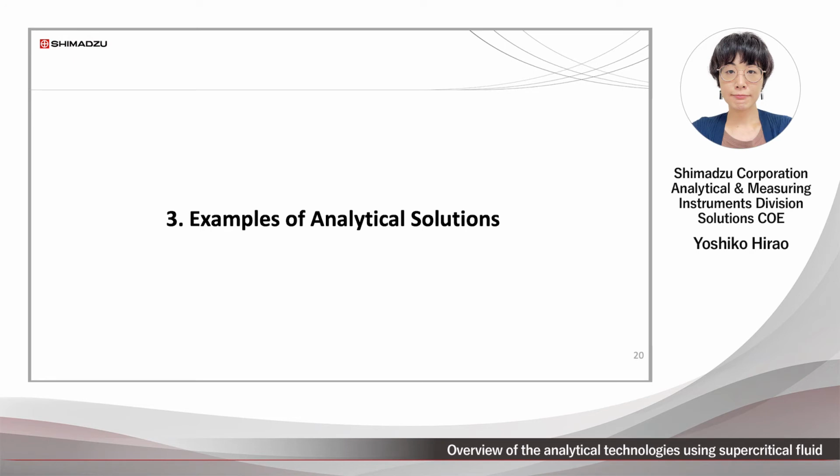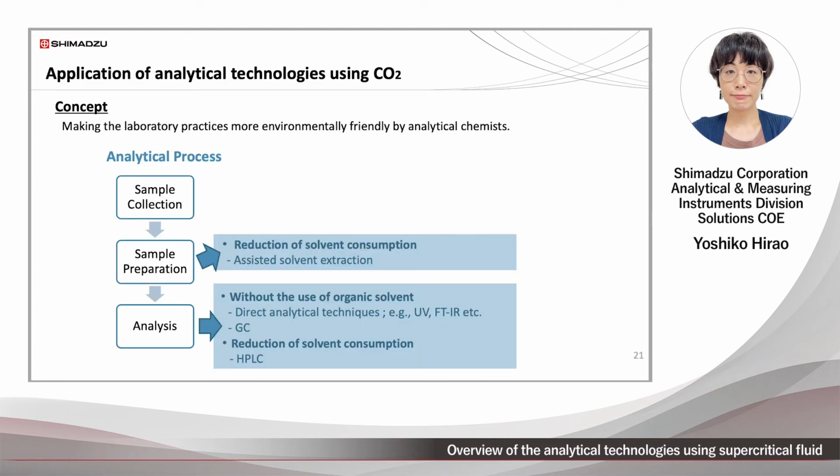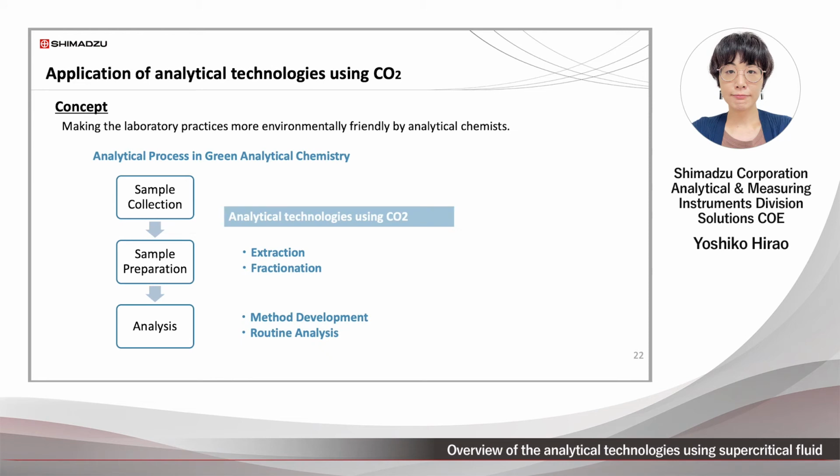Finally, I will introduce the examples of analytical solutions. As I mentioned earlier, the analytical work generally consists of the flow of sample collection, preparation, and analysis. Analytical techniques involving carbon dioxide in this flow are noted on the side.